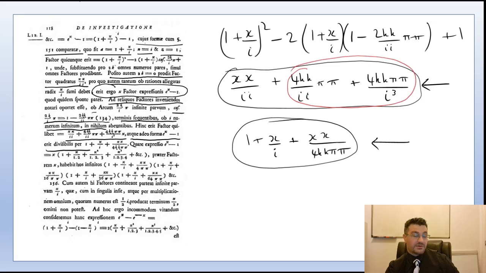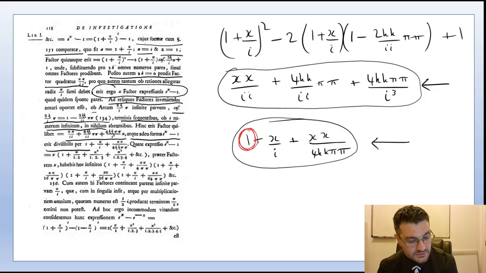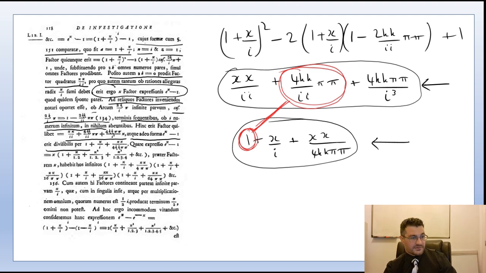Well, okay, no, he's rescaled it so that there's a 1 here. Okay, so it's not actually the constant term as such, but where is it? What is he divided through by? 4kk. Right, so it's actually this that becomes the 1 here. Okay. So that term matches up there, that term matches up here, and then this term, no, it doesn't.